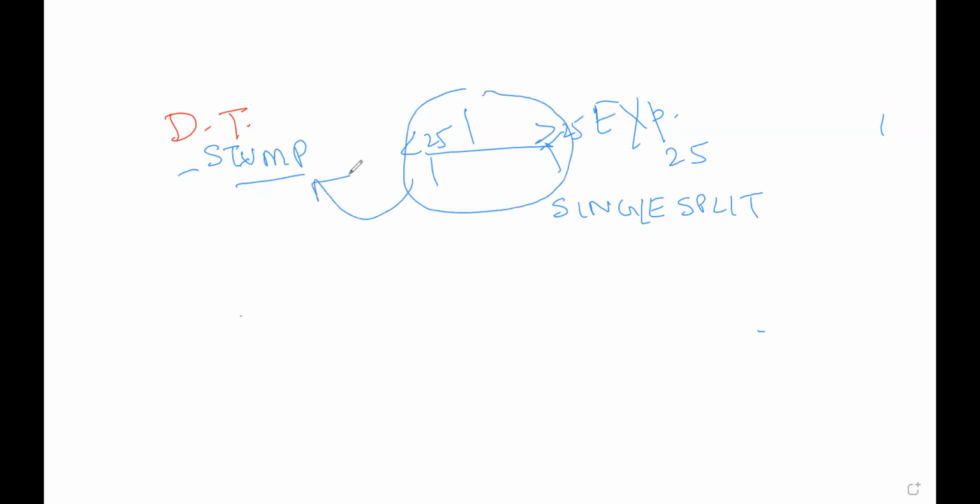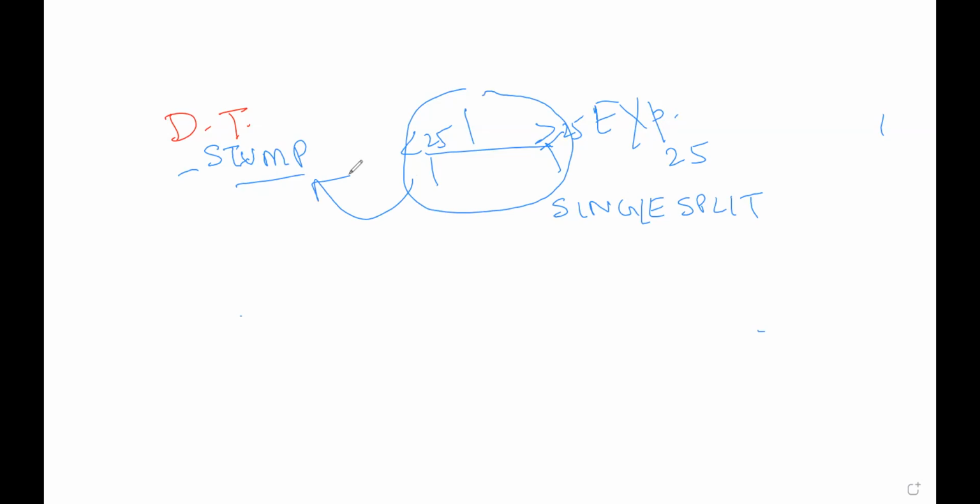Is it understood? So what's a decision tree stump? A decision tree stump is a single split on a single variable using some value for a decision tree. Any questions on this?